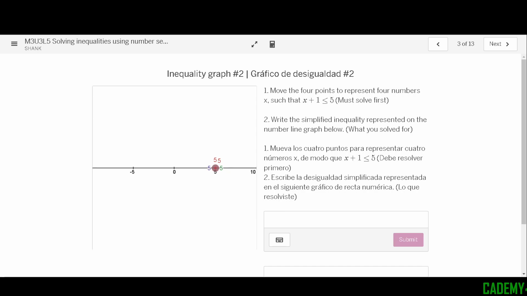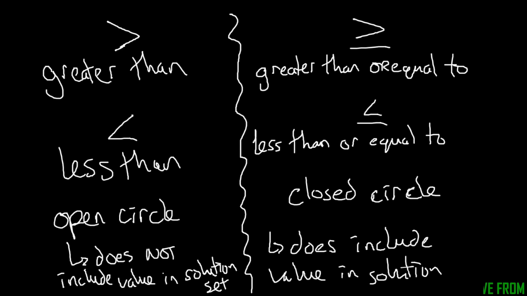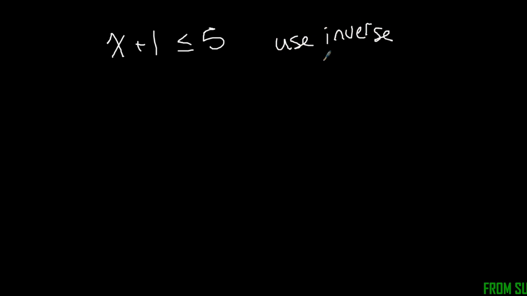And so what I can do is go back to my screen here. I'm going to clear this out. So I'm going to say it has the inequality x plus 1 is less than or equal to 5. And we're going to use the same steps, so use inverse operations.